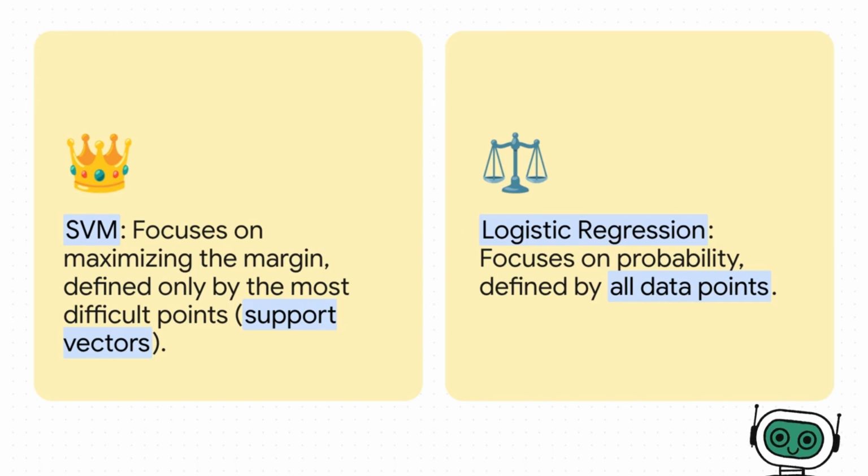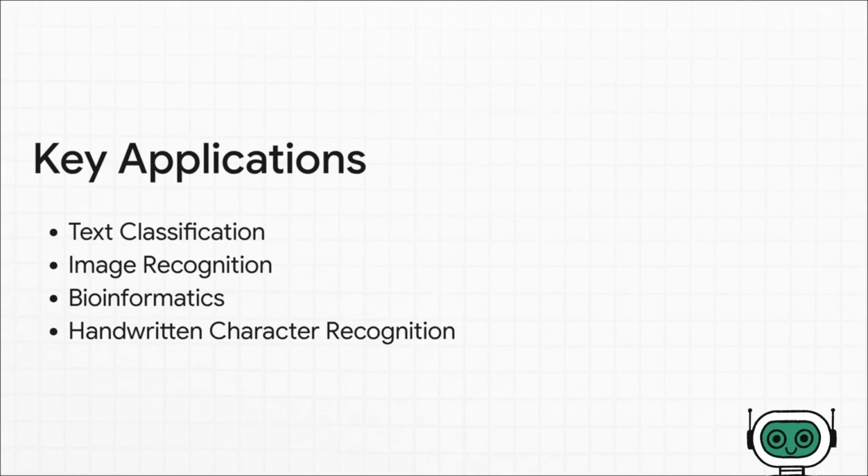This unique focus makes SVMs especially powerful in high-dimensional spaces, where you have a ton of features. Because of that, SVMs have a long history of success in really complex problems. Think about text classification, where every single word can be a feature, or bioinformatics and gene analysis. For a long time, SVMs were the absolute state-of-the-art for tasks like recognizing handwritten numbers.